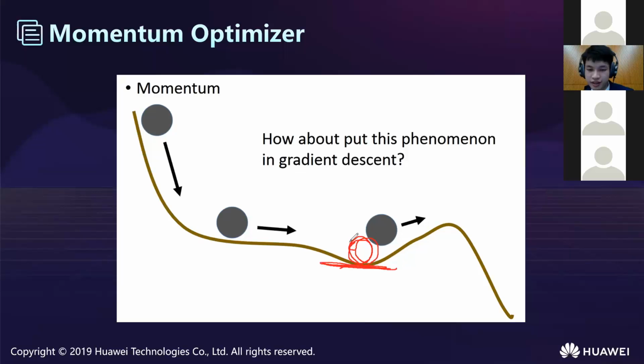There's no gradient here, but the ball has the speed, so it will go up, even if the gradient is in this direction. So that's called the momentum. So we can use the momentum to escape from local minima, for example, here, and it can train the model quickly. Do you agree?